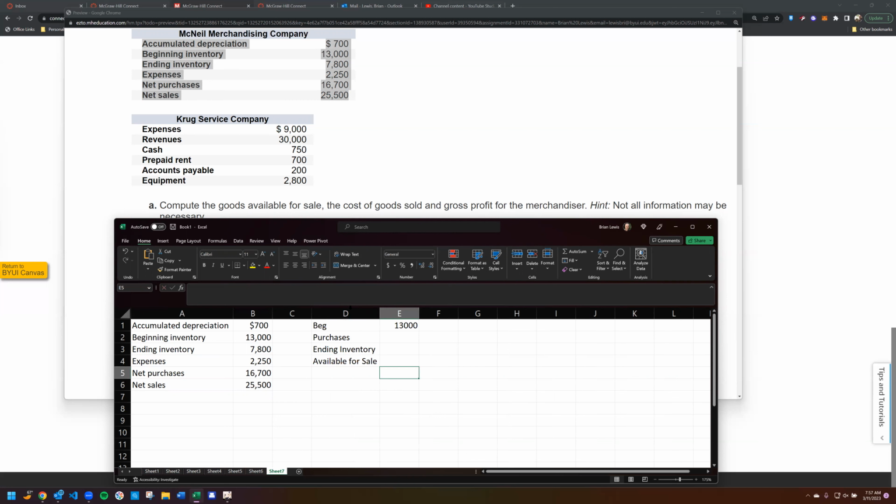Our net purchases are 16,700, ending inventory is 7,800. So now we're going to do our math. We're going to take the beginning inventory plus purchases minus ending inventory. This should be what's available for sale.